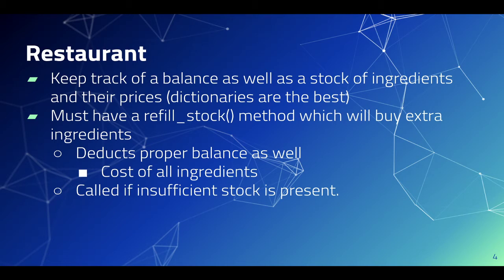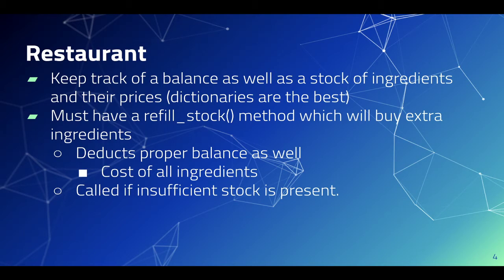So we have a stock of ingredients, and then we also have their prices that correspond to the price of the ingredient. So if we have, let's say, carrots and they cost $10, we have, let's say, 10 carrots. In total, they cost $10. That would just be an example of an ingredient and its price. So once again, dictionaries are best in this case.